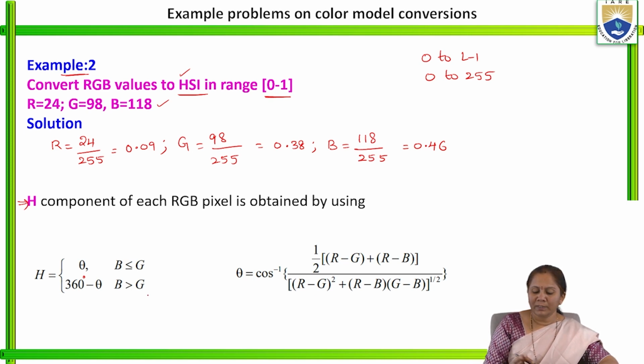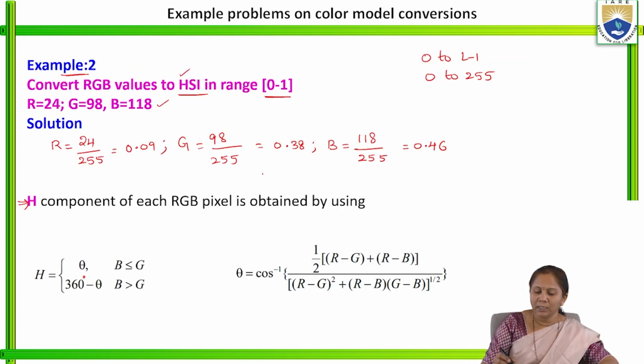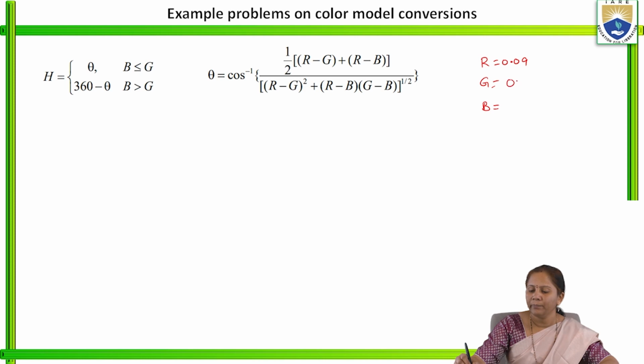Now, first let us find the value of theta so that we can find the value of H. So, R is 0.09. Let us write the values that we have calculated. G is 0.38 and the value of B is 0.46. Let us substitute in this formula to find the value of theta.